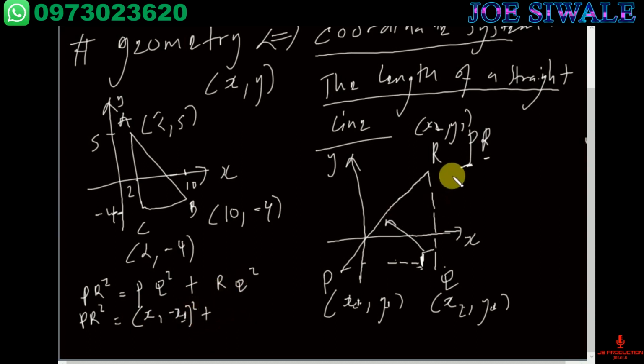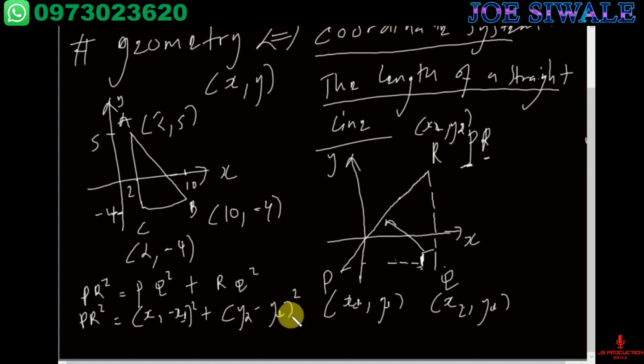To find RQ, we consider the y-axis, because RQ is vertical while PQ is horizontal. So RQ is our y2 minus our y1.